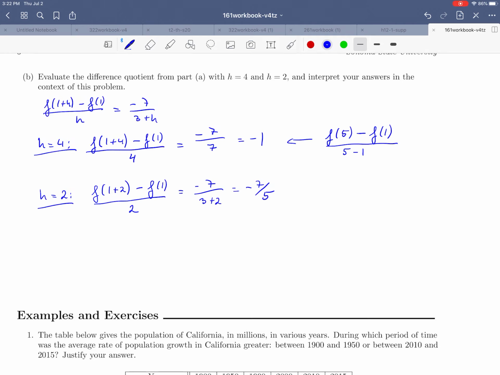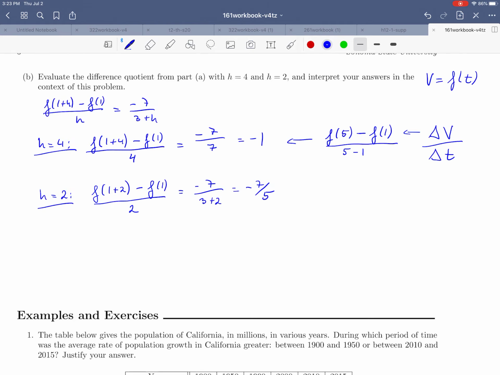So this is really an average rate of change. When you're thinking about it, in this example, f refers to the volume at time t. So the numerator right here is a change in volume, and the denominator is a change in time.